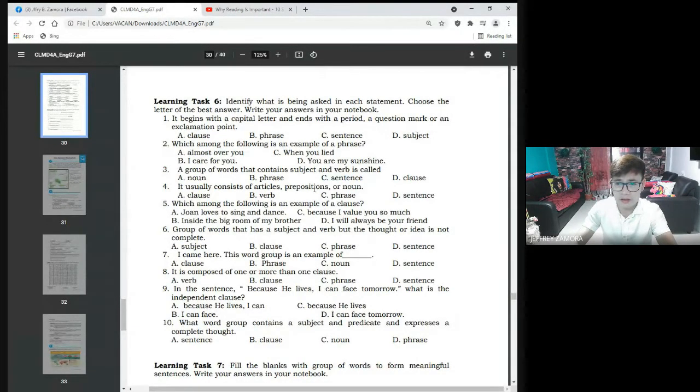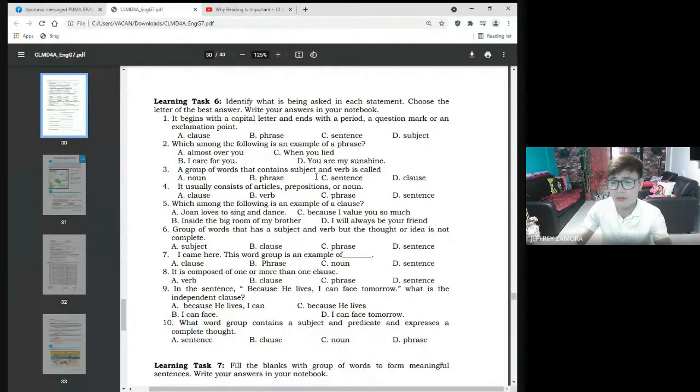A clause, he did not say here in number 3 or the statement, a group of words that contains a subject and a verb with conjunction, with the use of subordinating conjunctions. But the precise question here, number 3, emphasizes that it only contains a group of words.